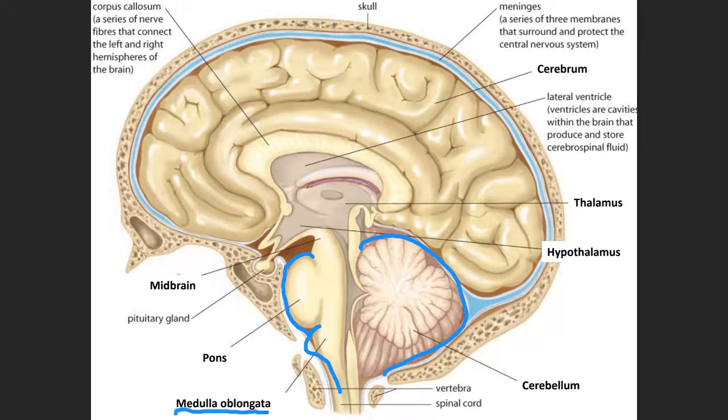That has some autonomic control as well. So, for example, breathing rate and heart rate, blood pressure, that kind of thing is moderated by the medulla oblongata as part of the autonomic nervous system. Remember, the other part of the autonomic nervous system is the hypothalamus. So there's other autonomic functions that are associated there as well.